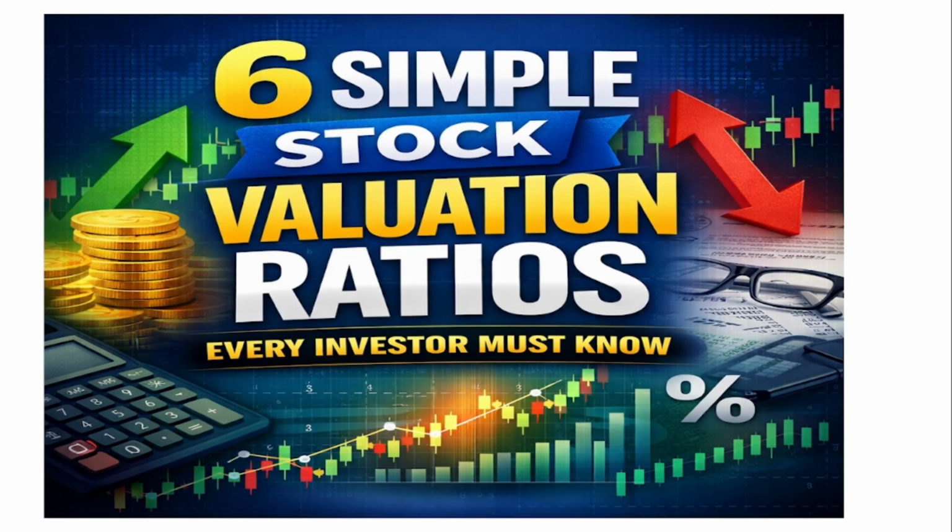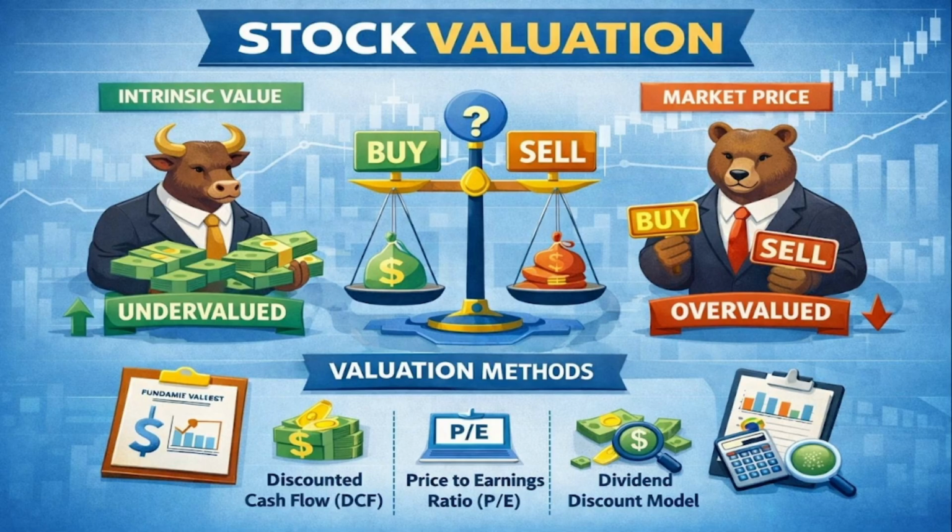Every investor must know: what if I told you that you don't need Wall Street secrets, complicated models, or finance and business degrees from top-notch universities to know whether a stock is cheap or expensive?